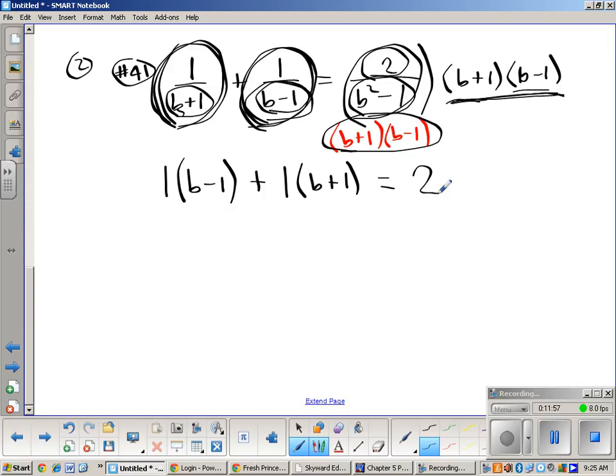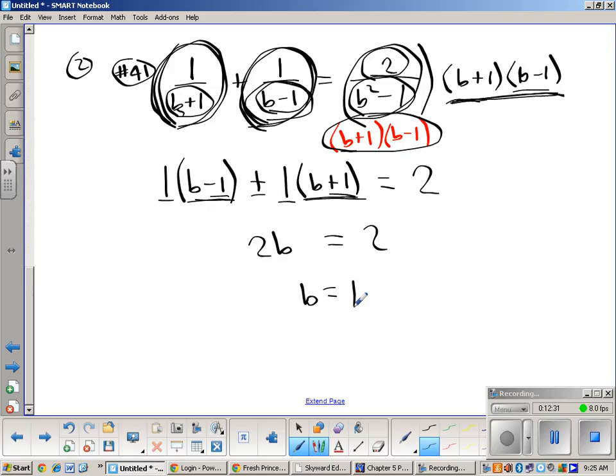Now, because this is just b minus 1, and because this is just a 1, that's really just b plus 1. So I have b minus 1 plus b plus 1. So how many b's do I have? I have 2b. What's negative 1 plus 1? 0. And so 2b equals 2. So when I divide by 2, b is equal to 1.